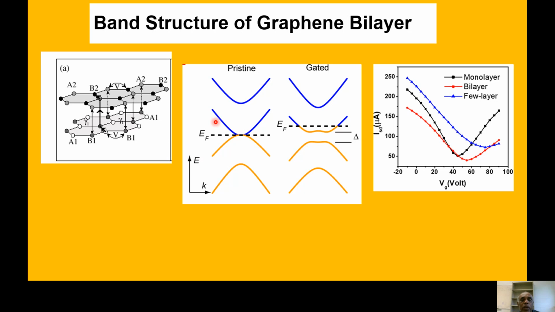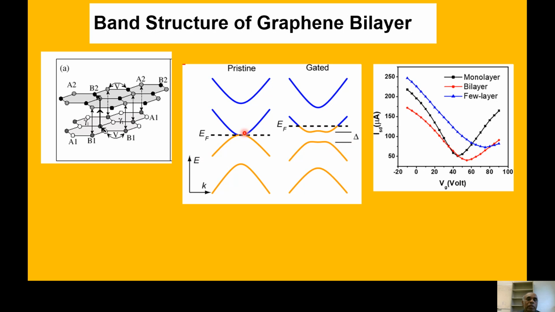These are no longer the Dirac cone; these are already parabolic bands. Now if I apply a gate voltage, you will see the bands. These are more like semi-metal bands, right? They actually split, so they are more like removing the degeneracy. They are actually opening up some gap.